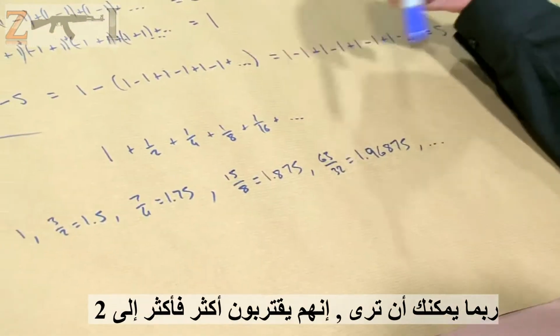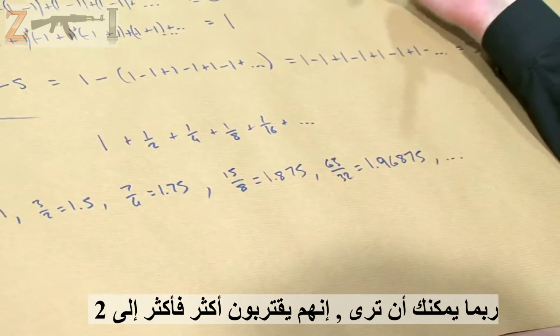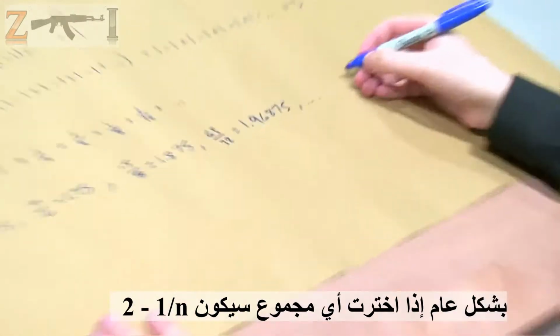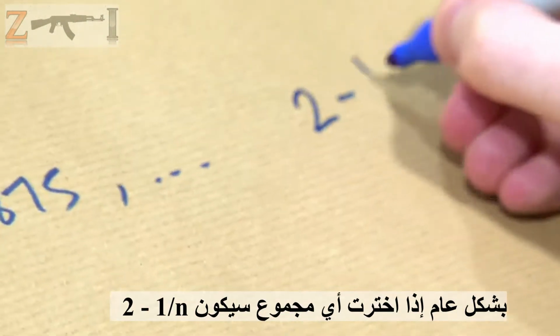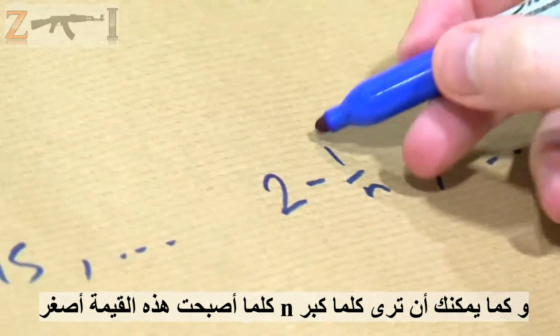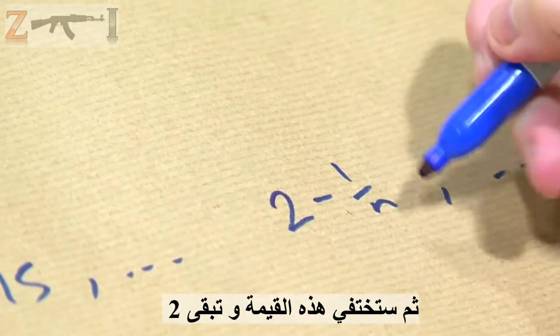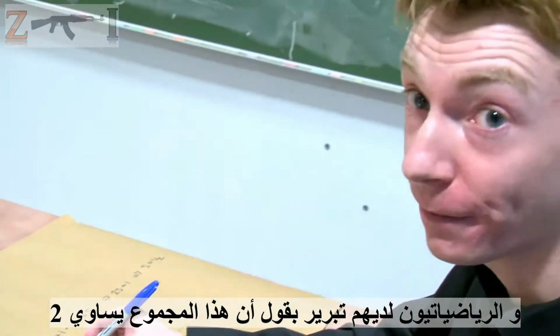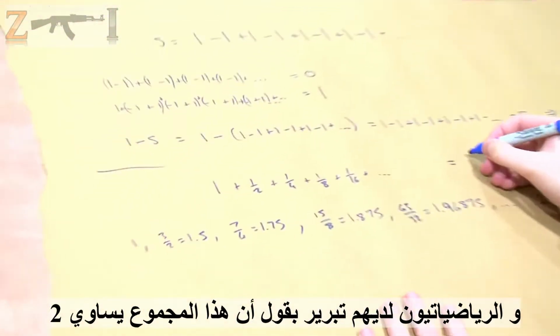You might be able to see they're getting closer and closer to the value 2. In general, if I picked n in general, it would be 2 minus 1 over 2 to the n. And as n gets bigger, this gets tiny and disappears, and you're just left with 2. And mathematicians are justified in saying that the whole infinite sum is equal to 2.